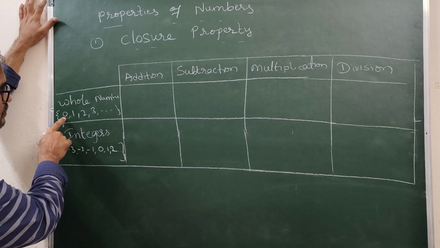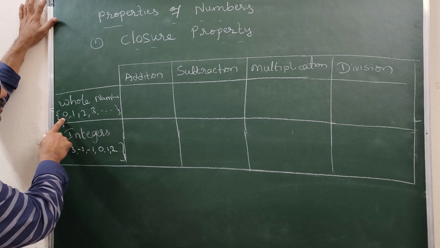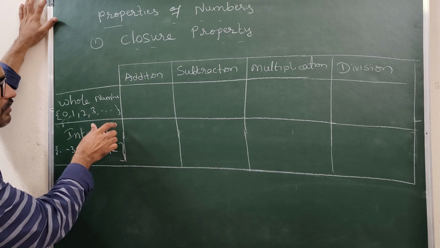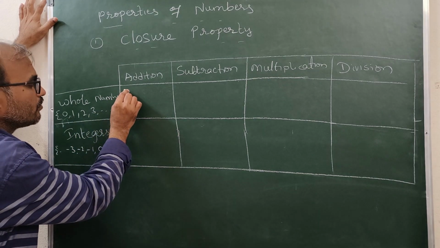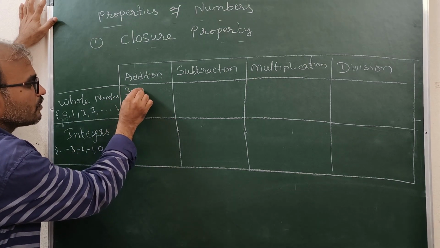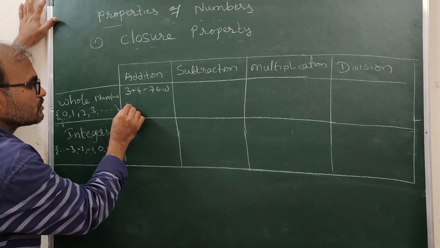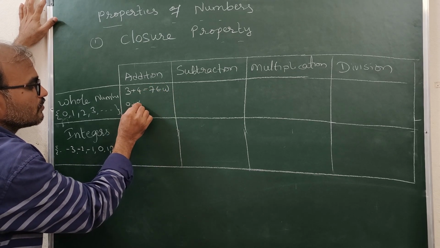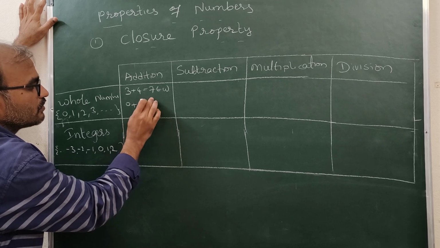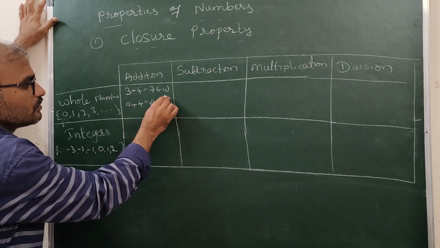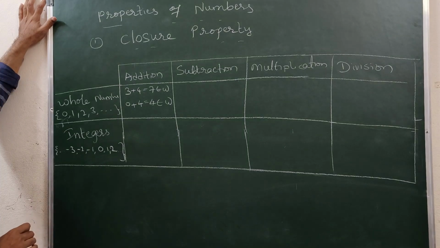Whole numbers contain only 0 extra compared to natural numbers. 3 plus 4 is equal to 7, which belongs to whole numbers. 0 plus 4 is equal to 4, which belongs to whole numbers.